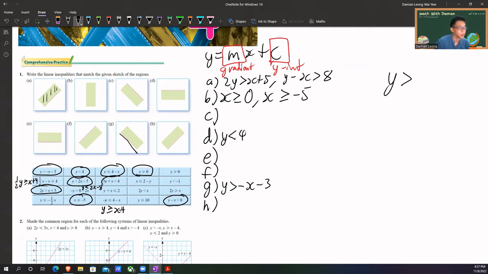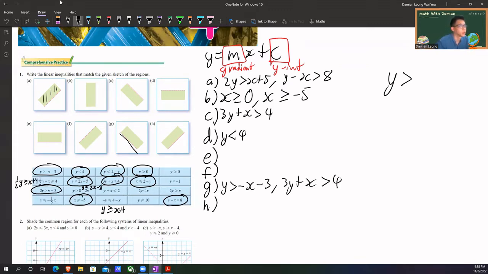3y plus x more than 4. Okay, then this one, okay, sorry, where am I putting it? 3y plus x more is the G. Yeah, why did I put it C?